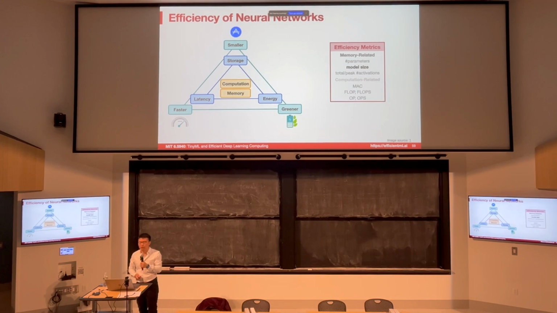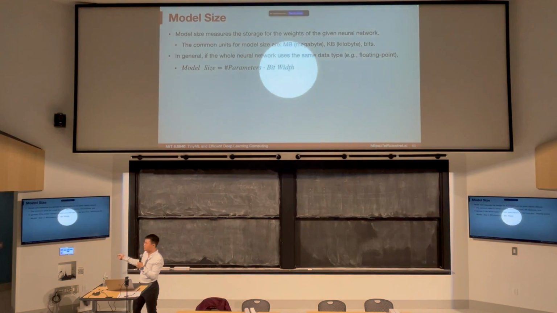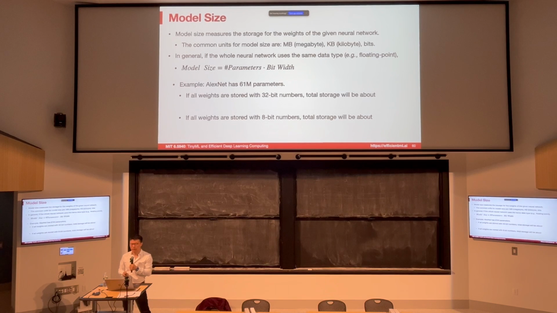So how does that translate between the number of parameters to model size? What's the relationship? You want to multiply the number of bytes for each parameter with the number of parameters. Okay, so the number of parameters multiplied with the bit width, you get the model size. So for example, AlexNet has 61 million parameters.